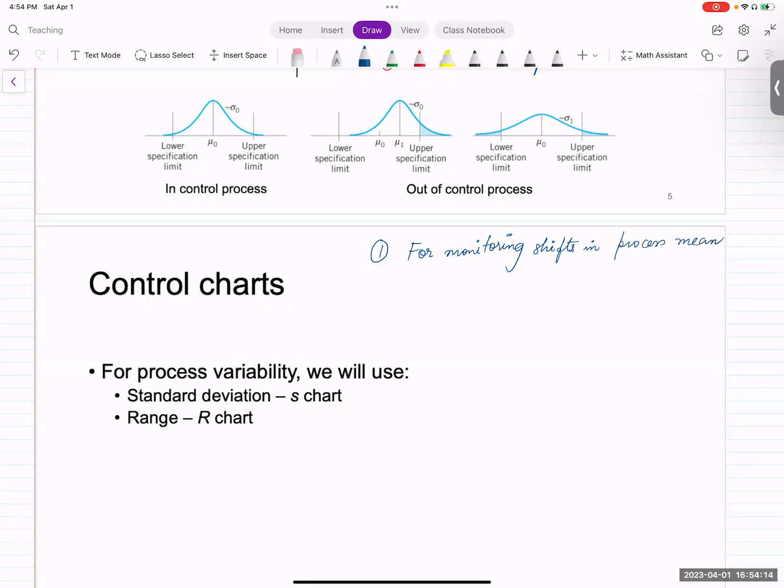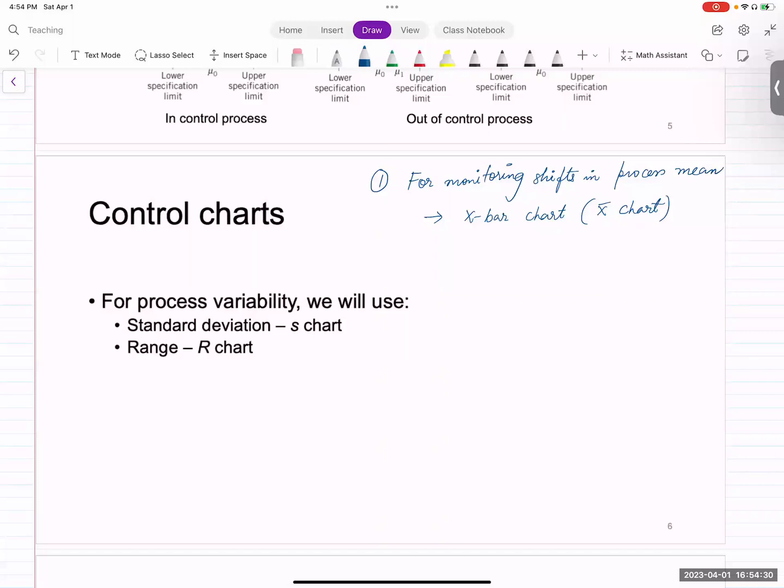And most of the time we'll be limited to something called an X bar chart, which we saw a little bit of in chapter number 4.